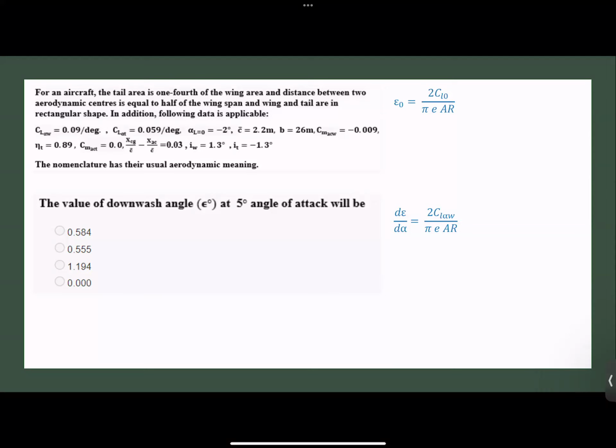I think for this, you'll have to first find out the aspect ratio, B squared by S, and then you can proceed with the terms.